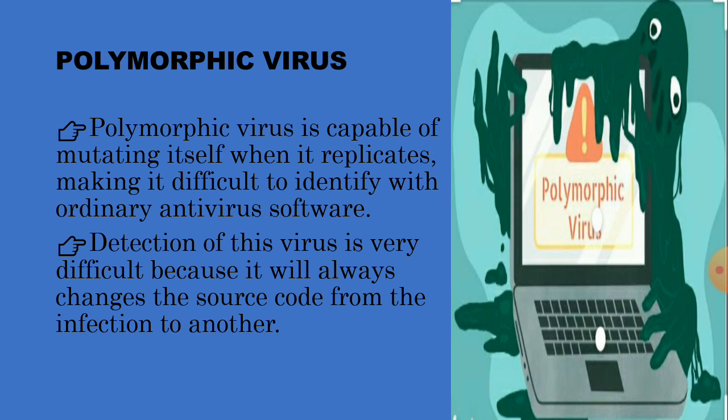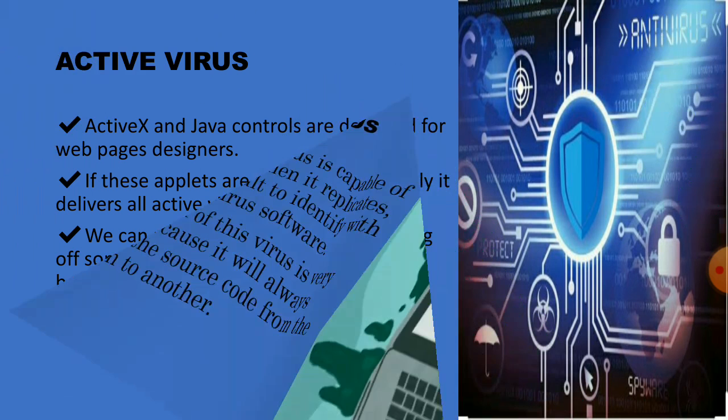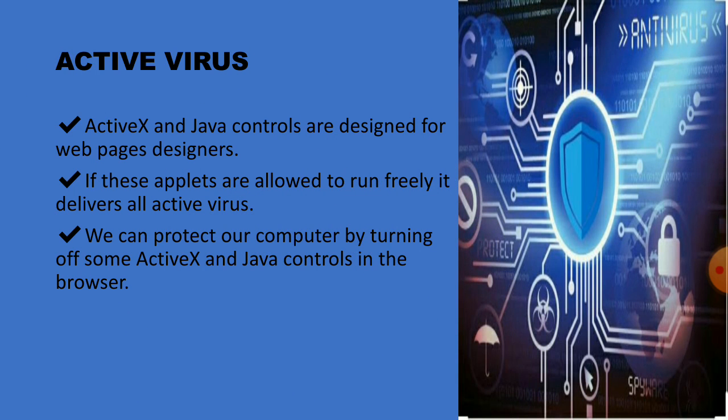Next is active virus. ActiveX and Java controls are designed for the web page designers. If these applets are allowed to run freely, it delivers all active virus. We can protect our computer by turning off some ActiveX and Java controls in the browser.